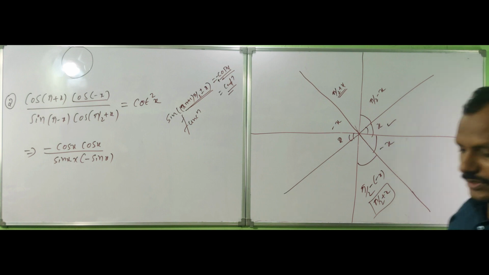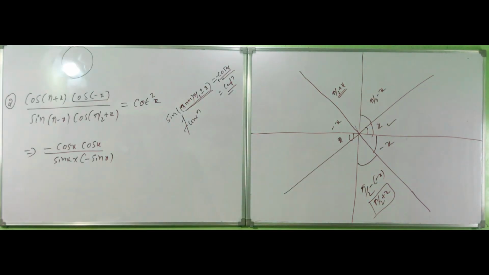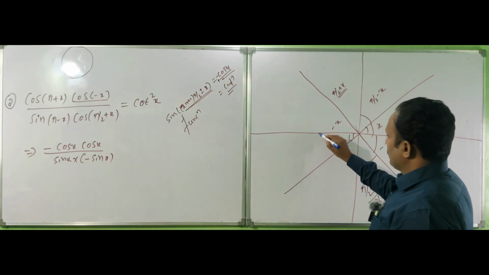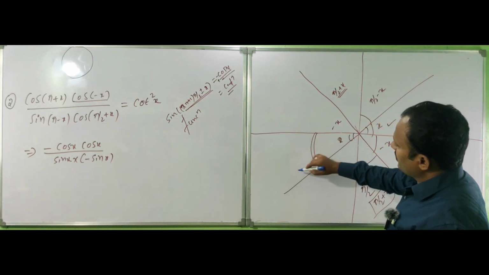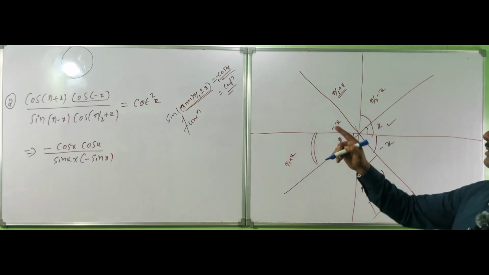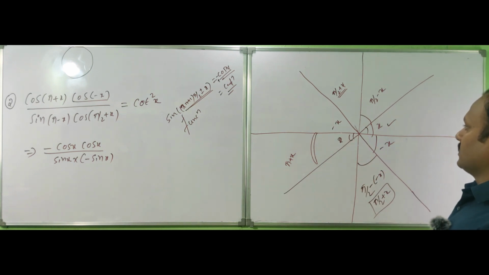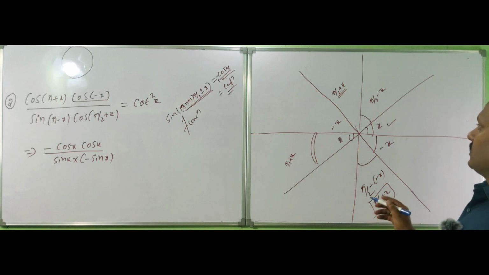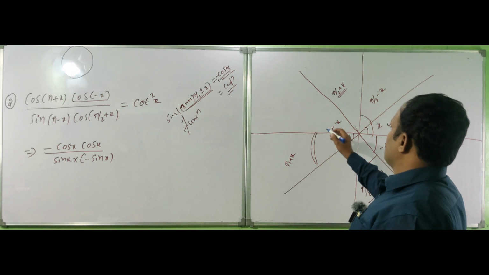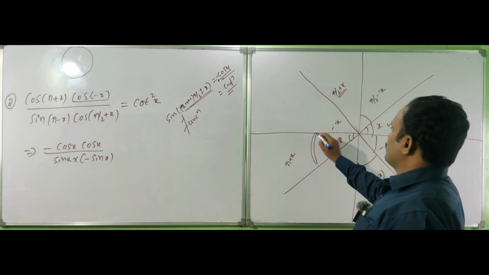Where should I see the pi plus x? See, this angle I can write as pi plus x, because cos pi plus x, this x is minus x, this gives a minus value.